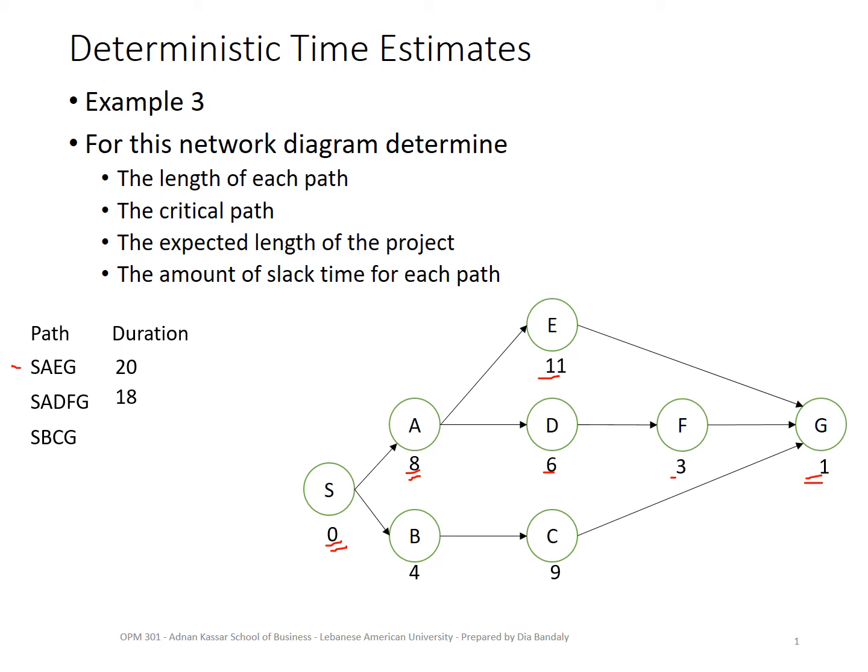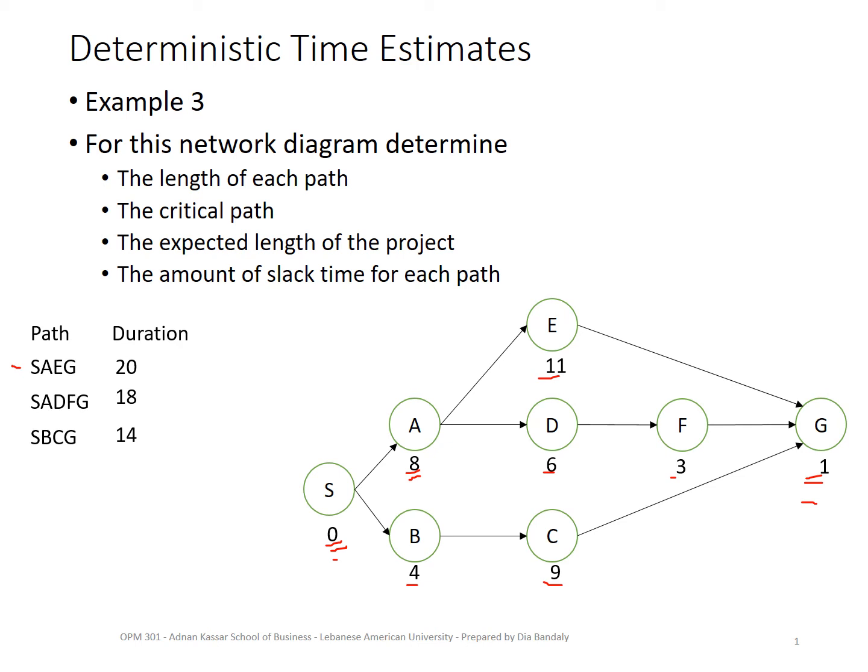What do you notice? G has been counted in the first one, but that does not mean that I don't count it in the second one. It is part of the second path also, so you have to count it. Then the last one, SBCG, that's very simple. It's 0 plus 4 plus 9, 13, and plus 1, 14. Now we have the duration of every path.